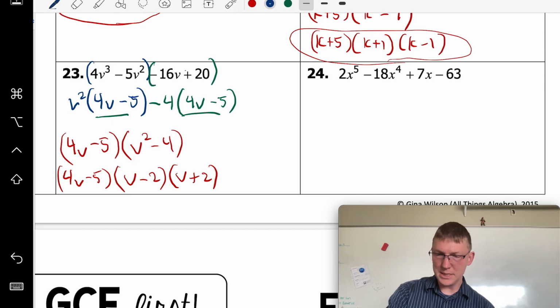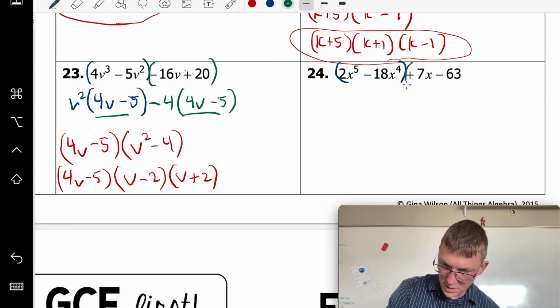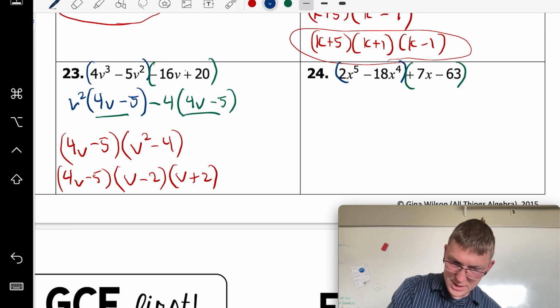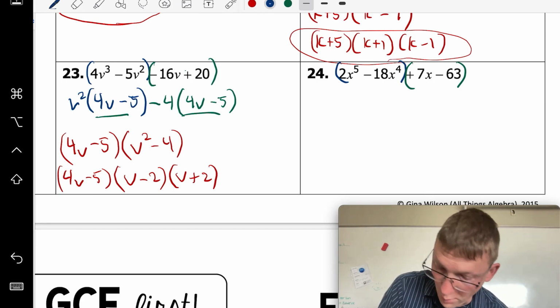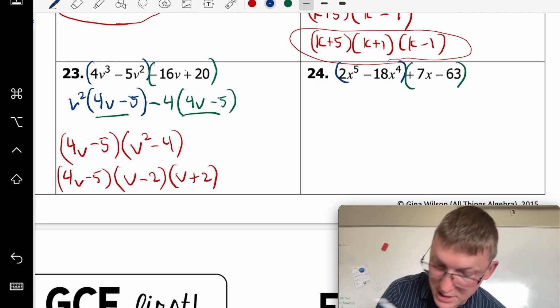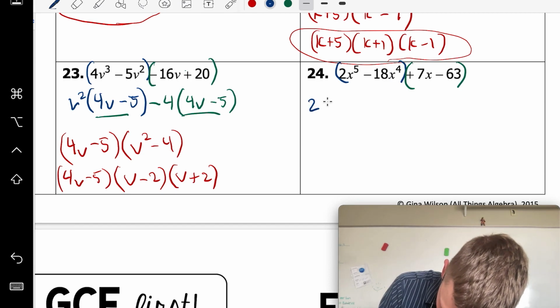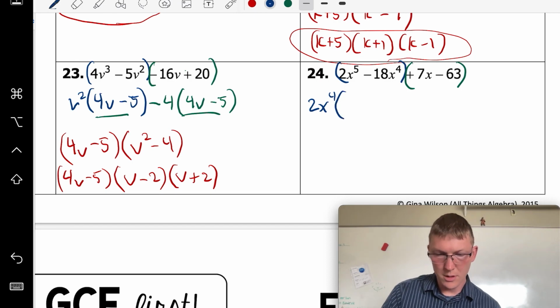Last but not least, let's do our last problem right here. We're going to group these two together, and see where we go. So our first two have an x to the 4th included together and a 2. So we're going to pull a 2x to the 4th out. So let's see here.